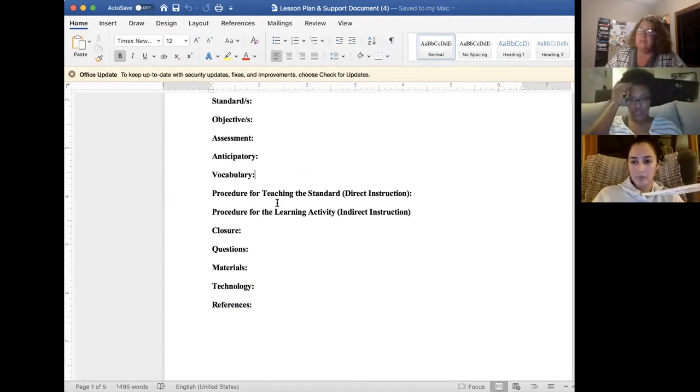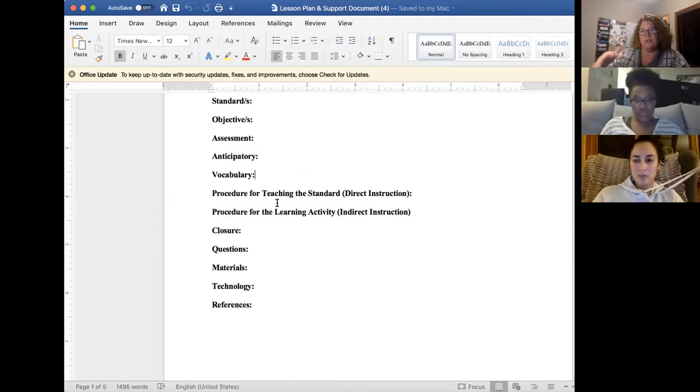How detailed you want to get is completely up to you, just so you've got the steps of what you're going to take to get through that lesson if you are sitting in front of the classroom. Direct instruction is where we're modeling or lecturing or working through problems together on the board, versus indirect instruction where the students themselves are working with the information that you've given them.